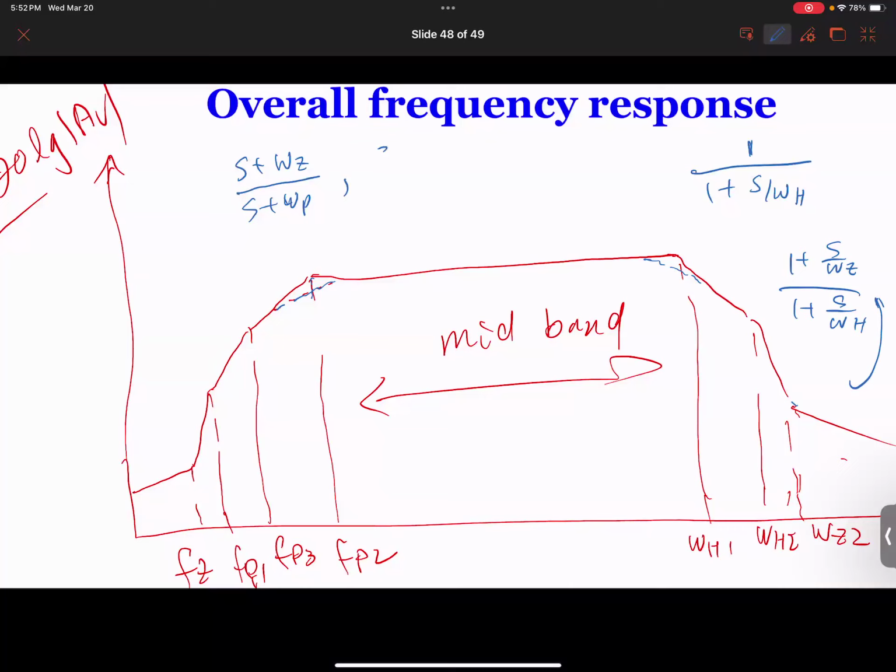If omega Z is 0, you can do it like this. So this is low frequency and high frequency.